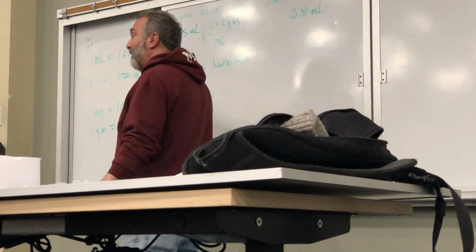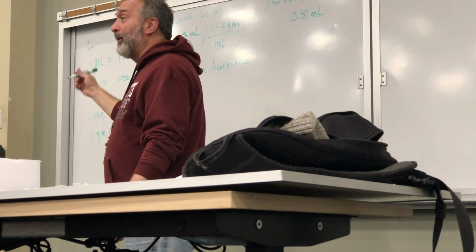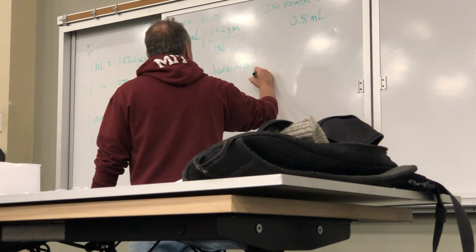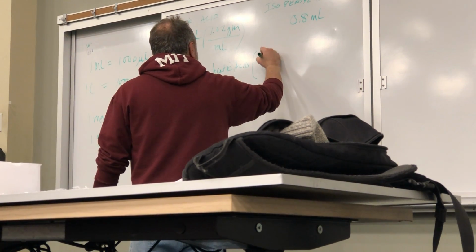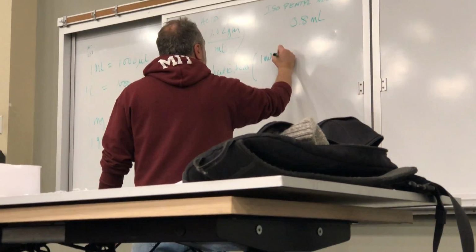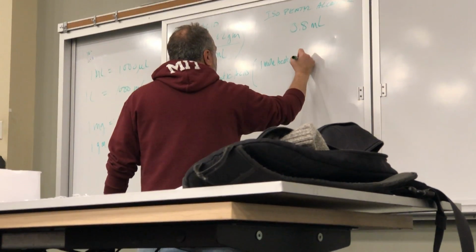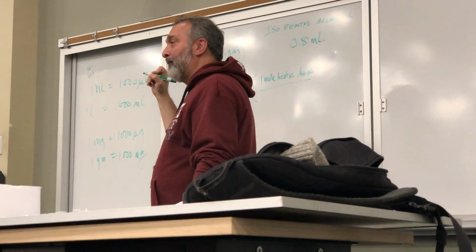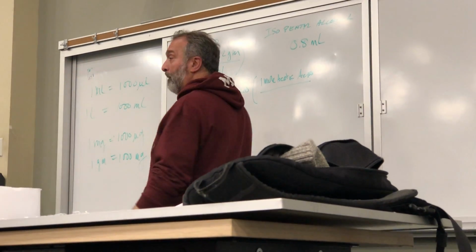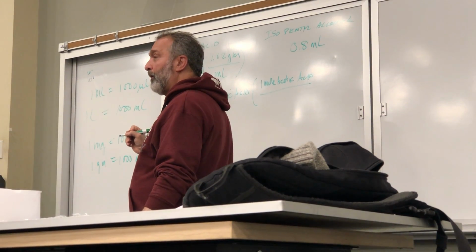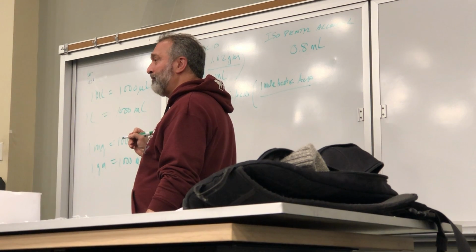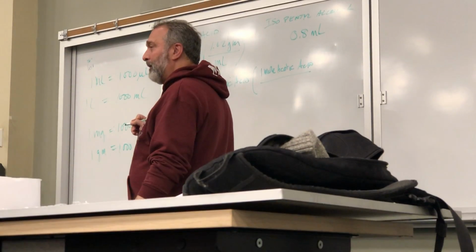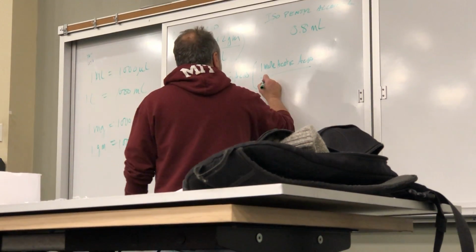So you have grams of acetic acid. In order to determine the limiting reagent, you need to convert that to moles. So you multiply by 1 mole of acetic acid per how many grams? What's the molar mass? 60.5?